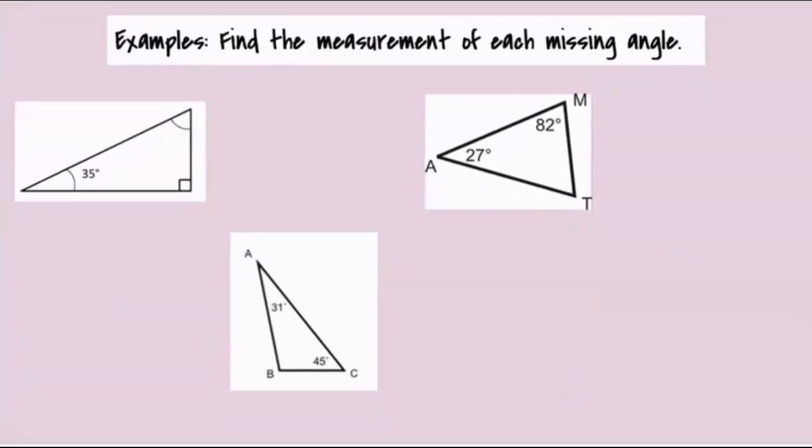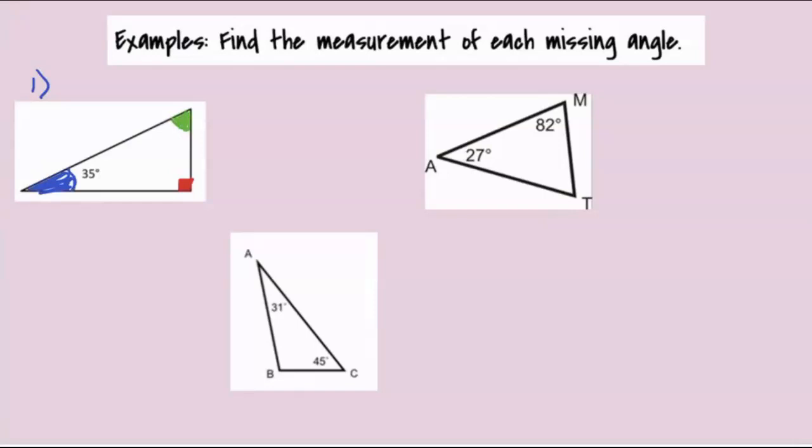So for example, this is number 1. We can see that this angle here, this blue angle, is 35 degrees. This red angle, because of the box, is 90 degrees, and therefore we can find this angle, the green angle, by setting up an equation.